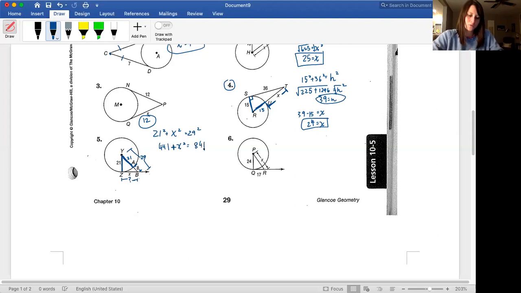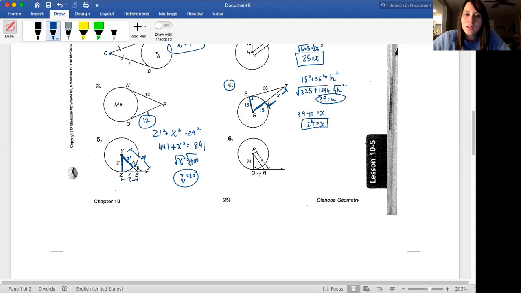So subtract 441 on both sides. 400. Square root both sides, and x equals 20. That's your answer. Great. This one's pretty straightforward, so try this one out.